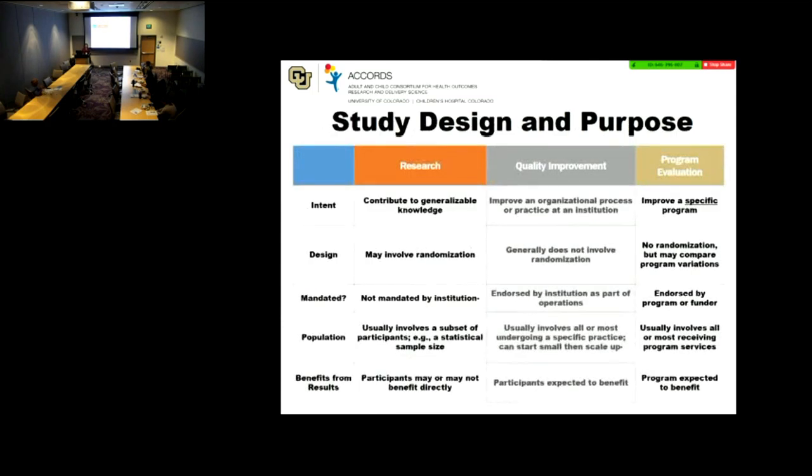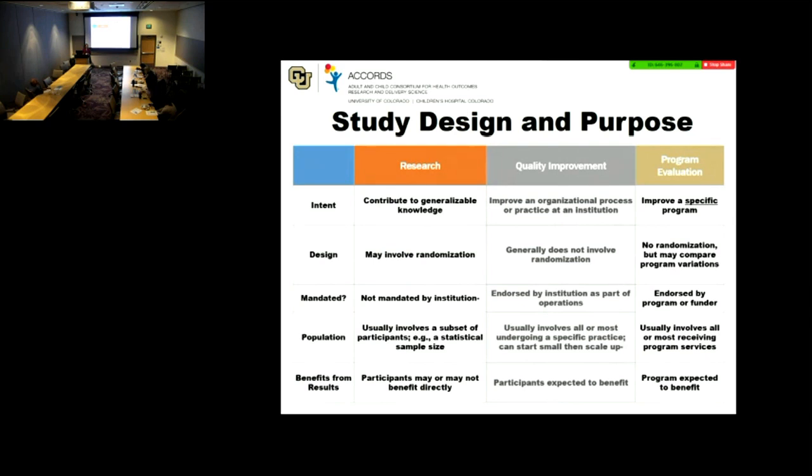I'm not going to spend a lot of time doing Research 101, Study Designs 101, but I'm putting this up here to show the difference between research, quality improvement, and program evaluation, because potentially all of those domains can be appropriate for mobile and digital health work.